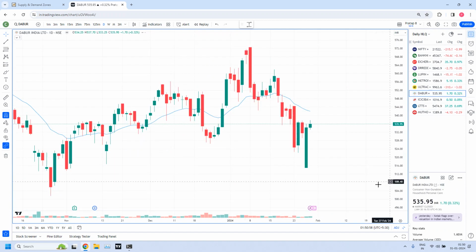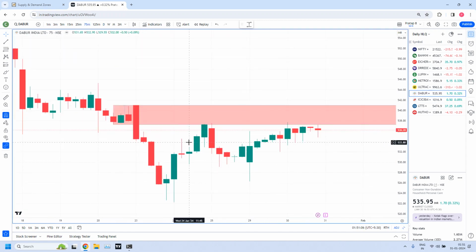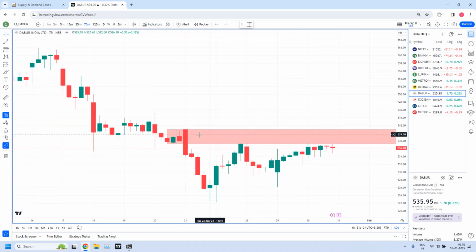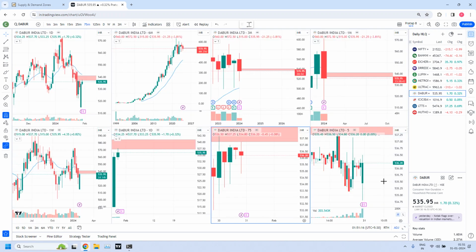Next one is Dabur. Dabur is a 75 minutes high liquidity zone. And I did not fine tune this area. The reason is the structure of this zone is not good in the 15 minutes. Let me show you.